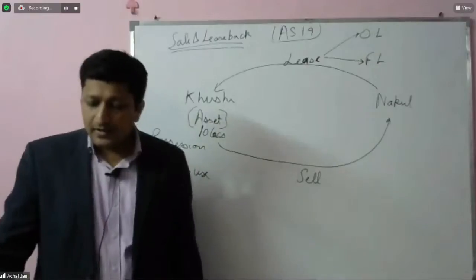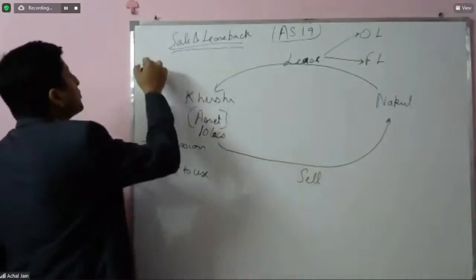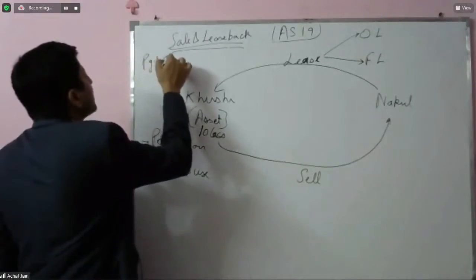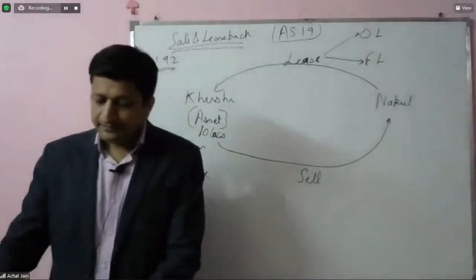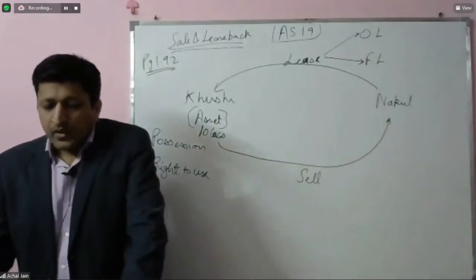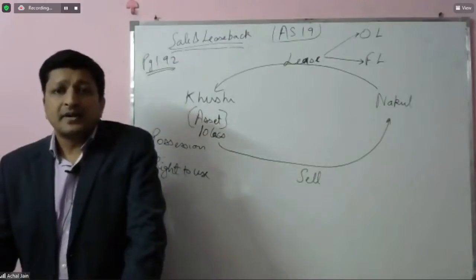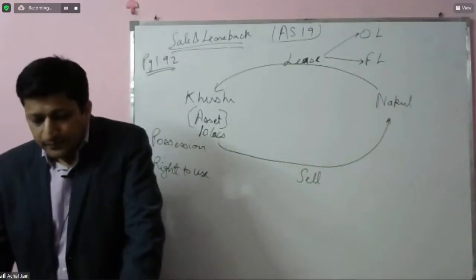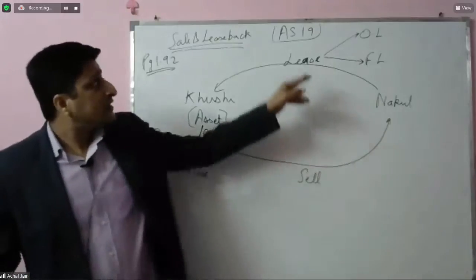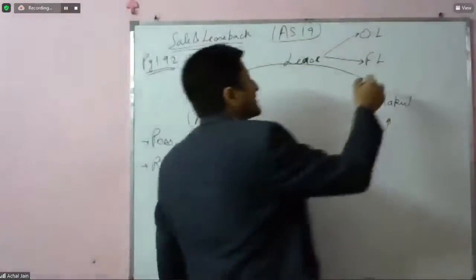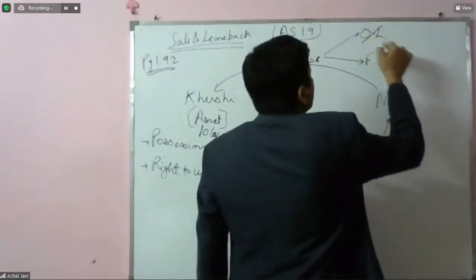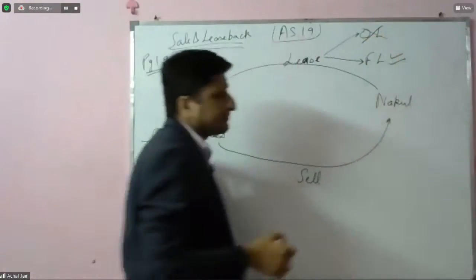So I would suggest you go to page number 1.9. Let's see what is the accounting requirement that we need to assess. Let's suppose this sale and leaseback is in the nature of finance lease. So it's not operating lease, it's a finance lease.